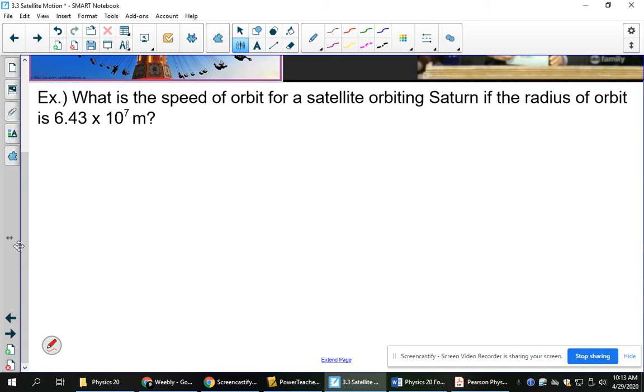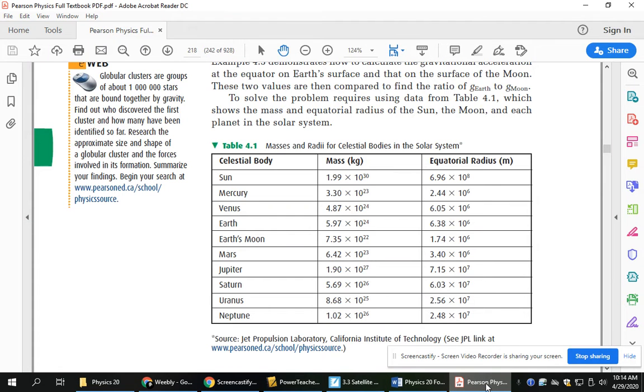So what's the speed of orbit for a satellite orbiting Saturn if the radius of orbit is 6.43 times 10 to the 7 meters? Well, you see there's not a lot of numbers. The numbers come from, in your textbook, page 218. So if you go there in your textbook, you will see a big chart like this that tells you all of the celestial bodies in our solar system, their masses, and their equatorial radii.